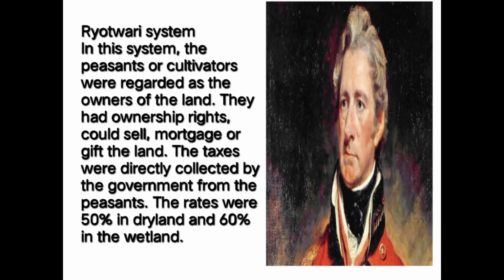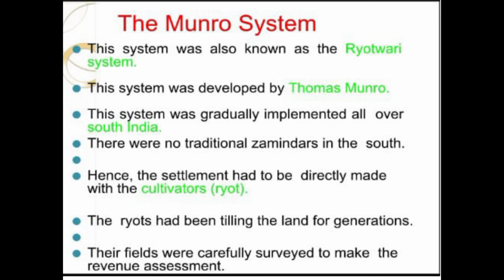This man introduced the Ryotwari system. It is called the Munro System after his name. This system was otherwise called the Ryotwari System, and it was developed by Sir Thomas Munro.